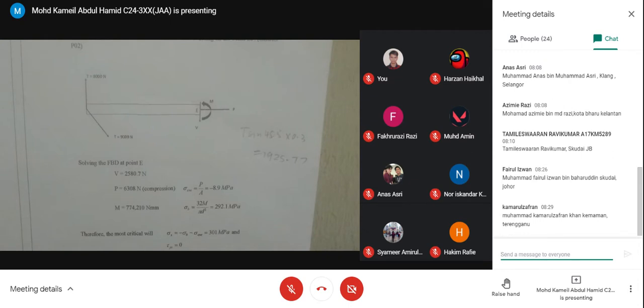Yang lain ada lagi soalan? Okay, untuk this, tengok based on forces tu. So you see T 9000 Newton, you have vertical T, kemudian ada T 9000 Newton yang turun bawah tu, ada angle.